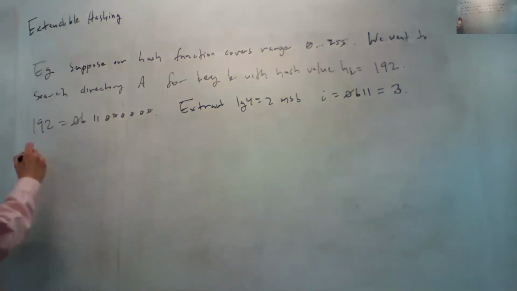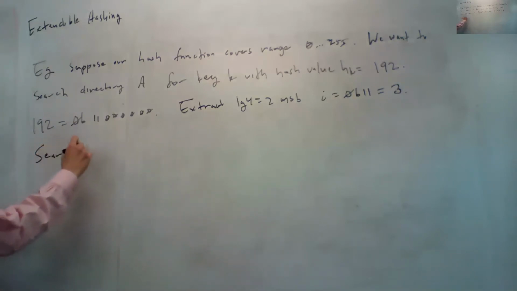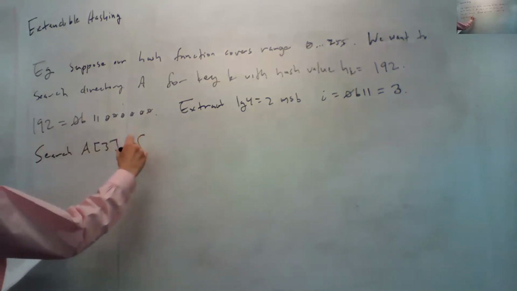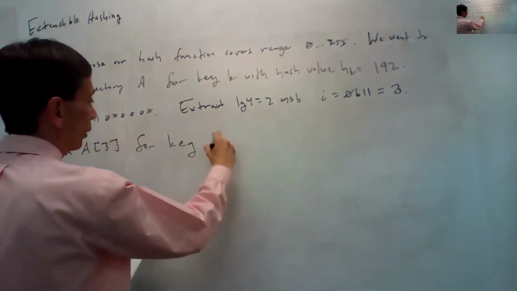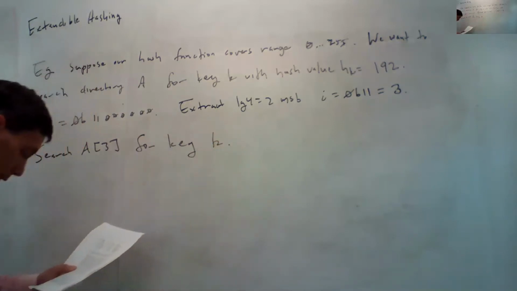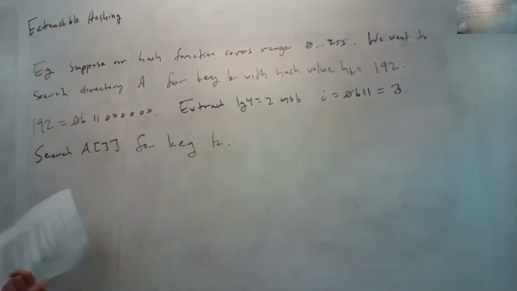And we search A3 for key K. All right, so really simple.